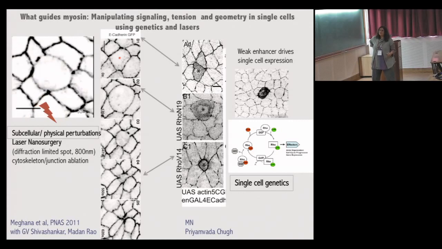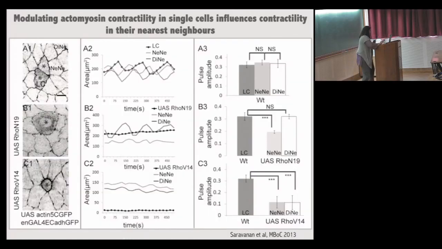By doing experiments of this kind, what you can uncover is that if you perturb a single cell within this sheet, either activating contractility in a single cell or reducing it by playing around with these Rho GTPases that switch, you affect not only the pattern of pulsatility in the cell that expresses it, which typically shows a dampening of these oscillations, but you also see a dampening of these shape fluctuations in either just the nearest neighbors or in the nearest neighbors and a circle of neighbors around it.